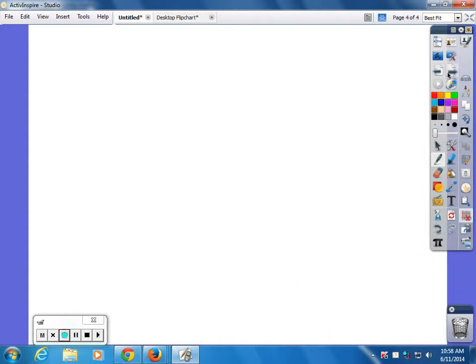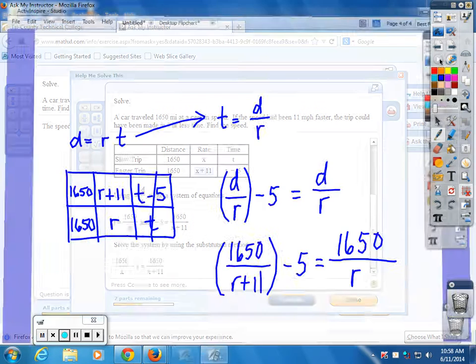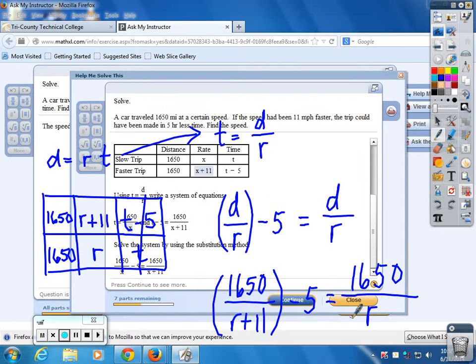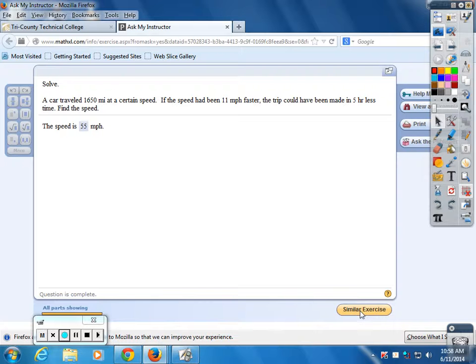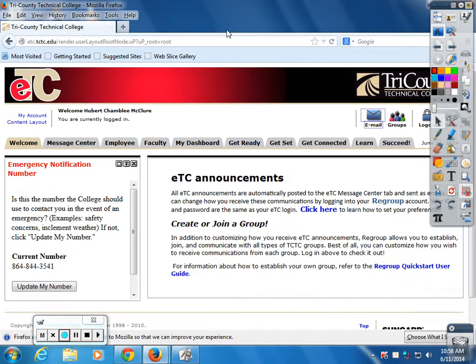All right, let's do one. Let's see if we can do one. Did anybody else send one in like that one? Maybe it's got different numbers. I sent a word problem in. I don't know if it was like that. I just know I didn't know how to do it. All right. Well, let's see if we can find another one. I don't want to pick a similar exercise because it'll be about the same.